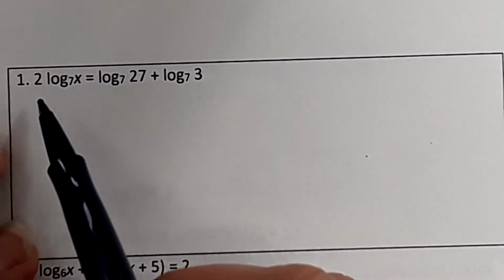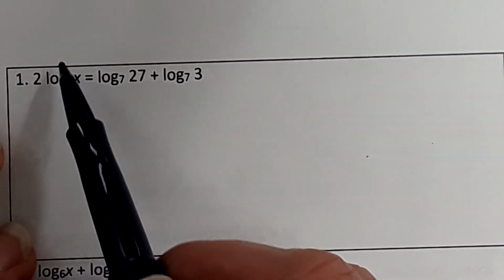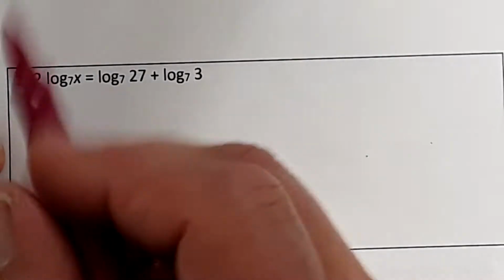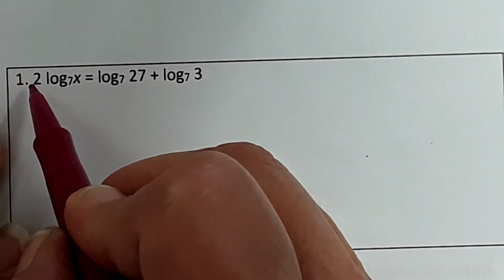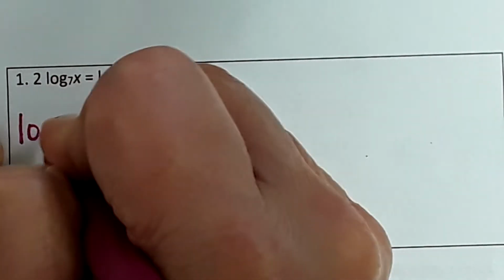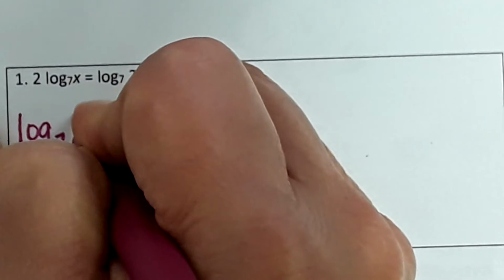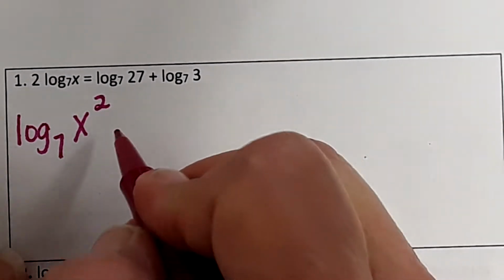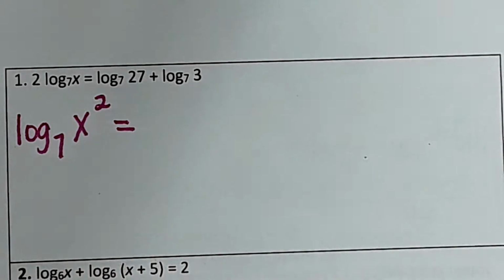So how can I rewrite 2 times log of base 7 of x? What can I do with this 2? Make it x's exponent. Yep, so we're going to rewrite it as log of base 7 of x squared.